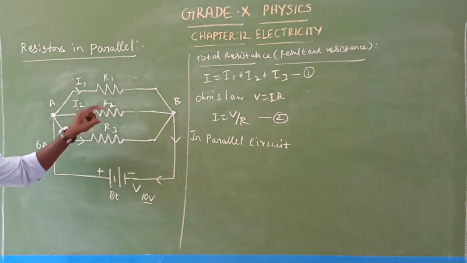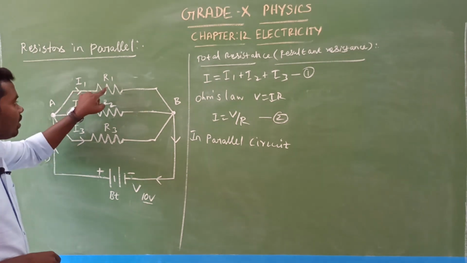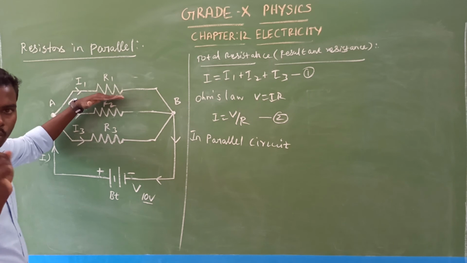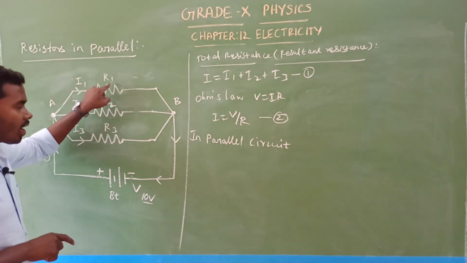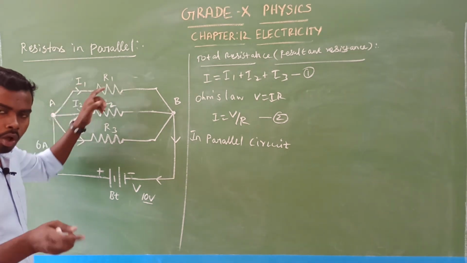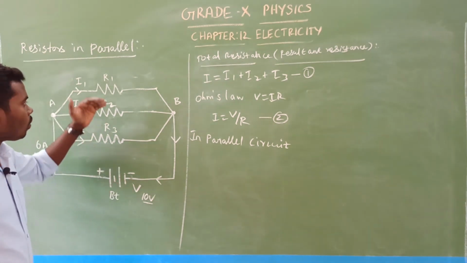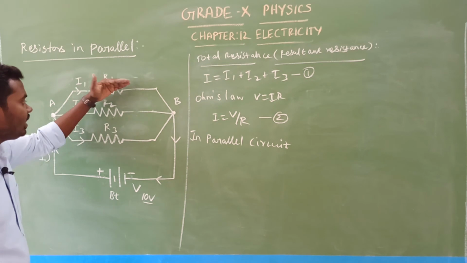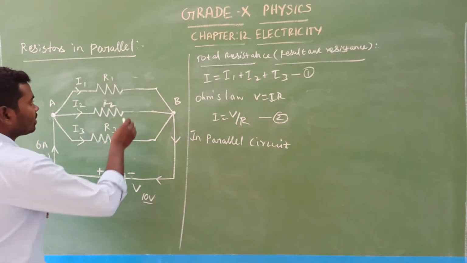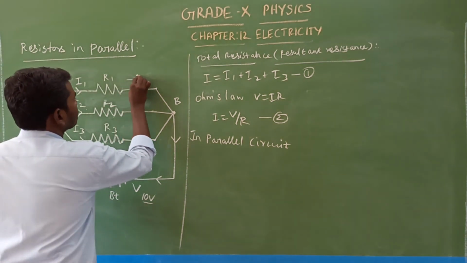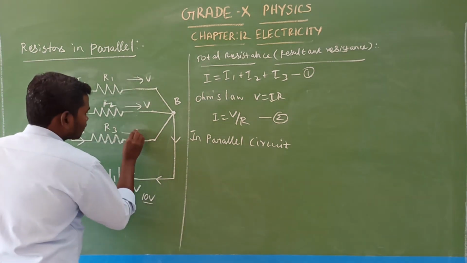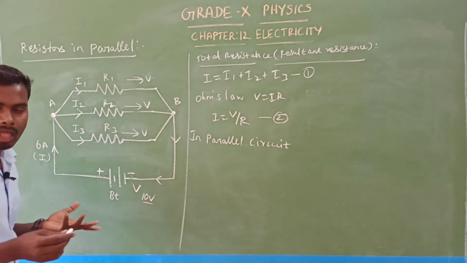Look here. Consider resistor R1. Along this resistor R1, I1 amount of current is flowing. What is the potential difference? Across all the resistors, the potential difference remains the same. That is V. Am I right? Yes.